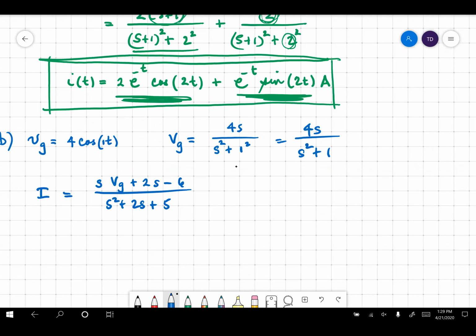Okay, so now we're going to substitute in our VG. That's equal to S times 4S over S squared plus 1. Boy, does that look ugly. Plus 2S minus 6.